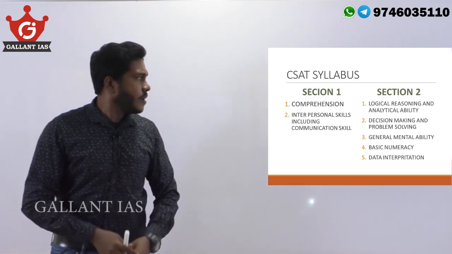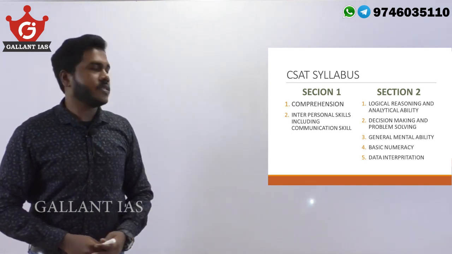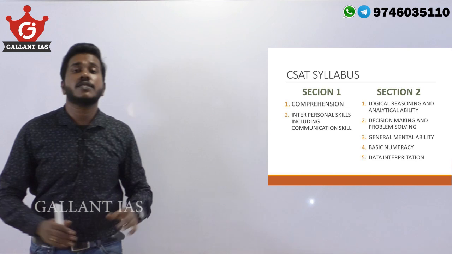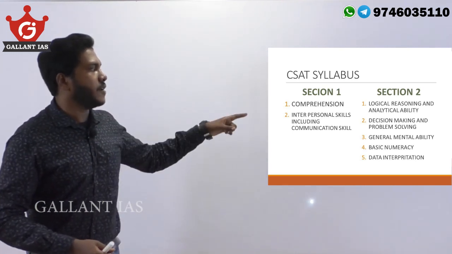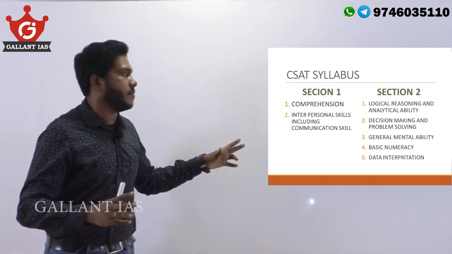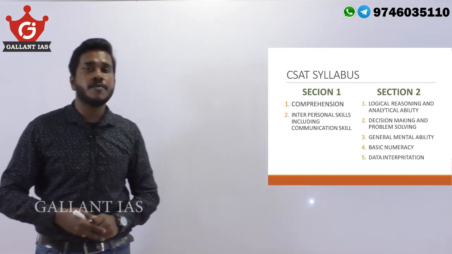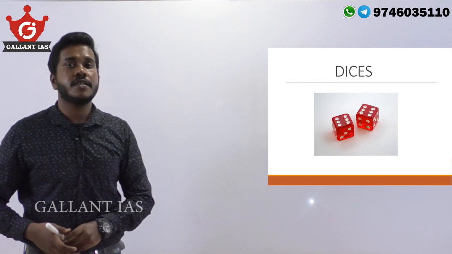We are going to deal with section 2 first because it's the difficult portion for the non-science background students. In section 2, we're going to start with logical reasoning and analytical ability, and in that topic, we are specifically going to start with dices.